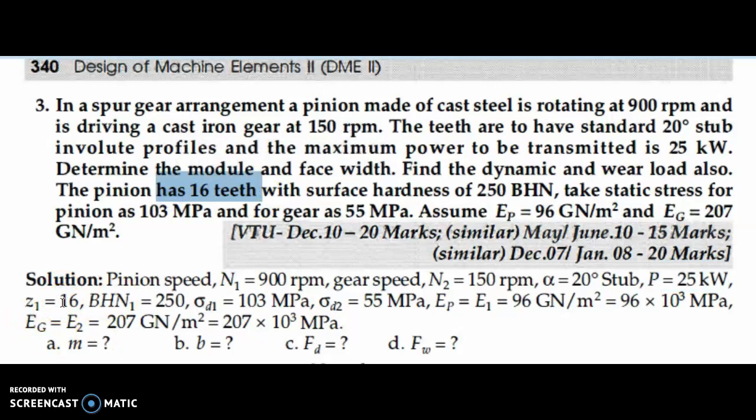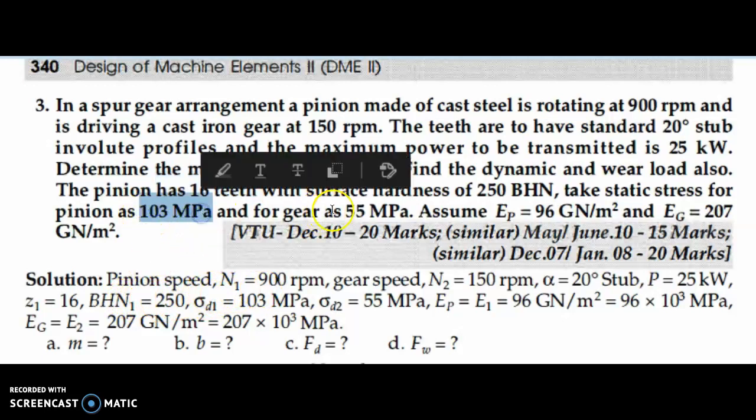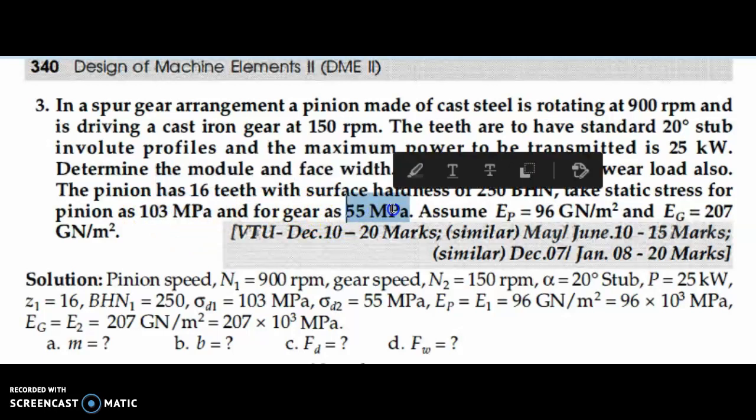Next, the surface hardness is 250 BHN, so BHN1 is equal to 250. Then they gave the static stress for pinion and gear, 103 megapascal and 55 megapascal for the gear, so sigma d1 is equal to 103 megapascal and sigma d2 is equal to 55 megapascal.